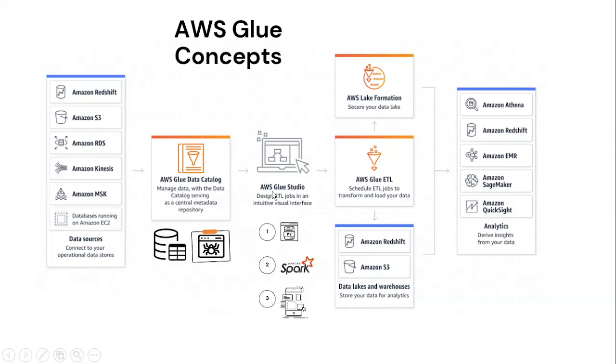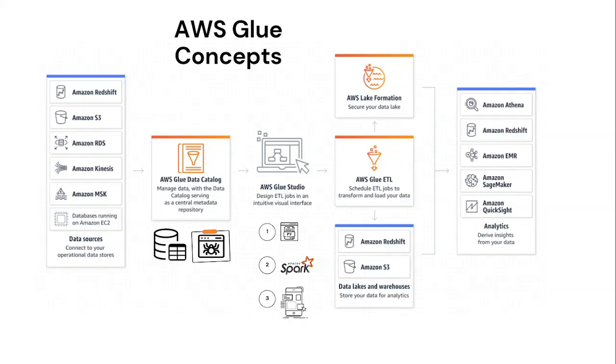The next thing is, once our data is cataloged, we can start building our ETL jobs to transform and prepare our data. AWS Glue offers various ways to do it. One way is that it provides a visual interface to perform this transformation, which is basically drag and drop, and even a code editor, which could be in either Spark or Python, to define our business logic.